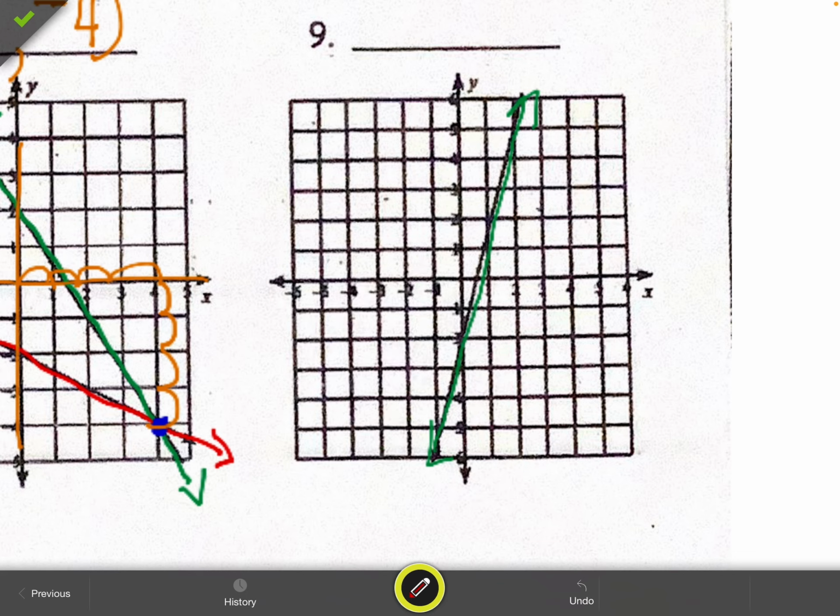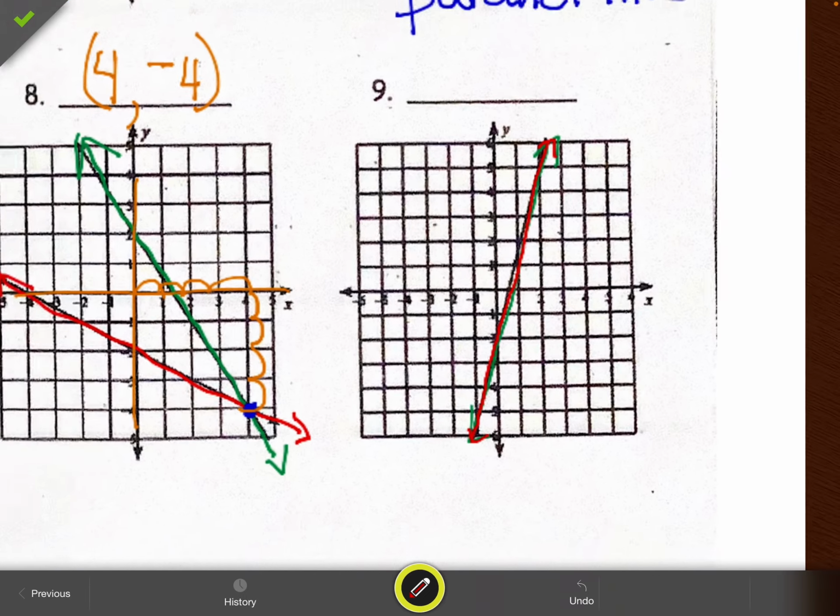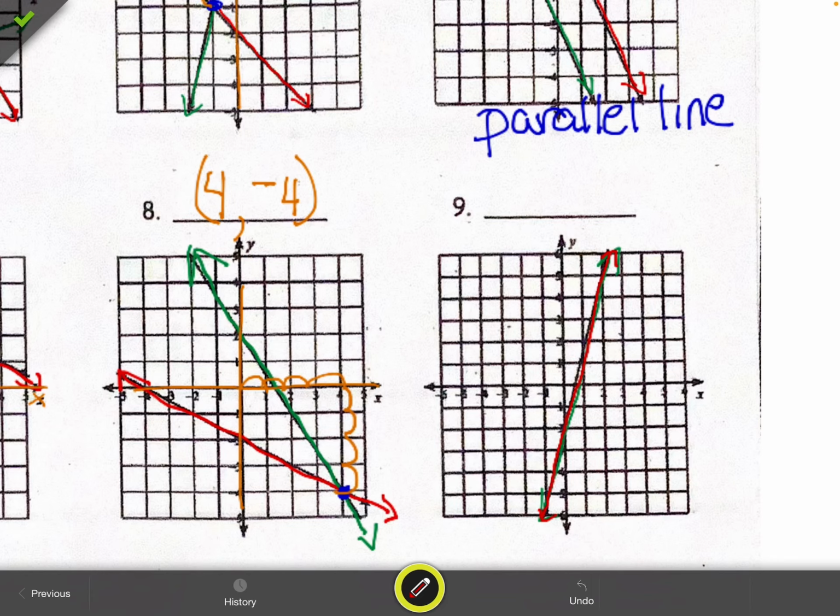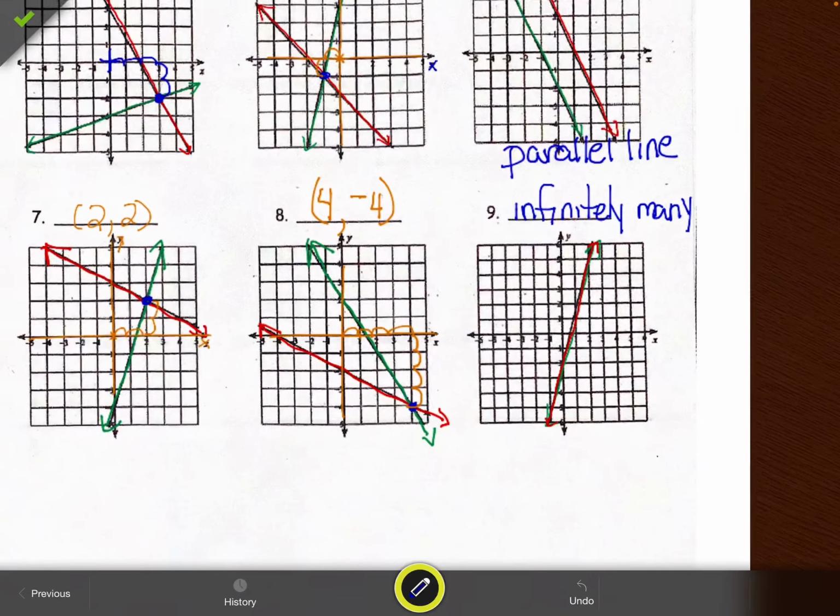You graph the first one, they color-coded it, and then you graph the second one, and the second one actually ends up being the exact same line as the first. They completely overlap. So remember, when that happens, your answer actually is infinitely many solutions. You cannot just pick one. Okay. Can't pick one because they don't just intersect in one point.